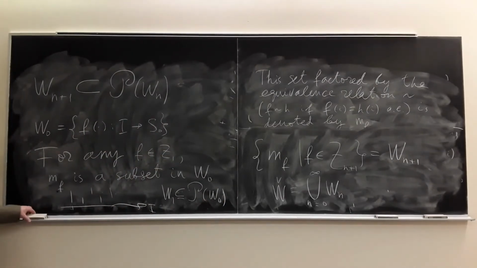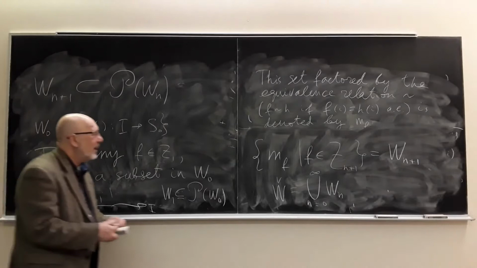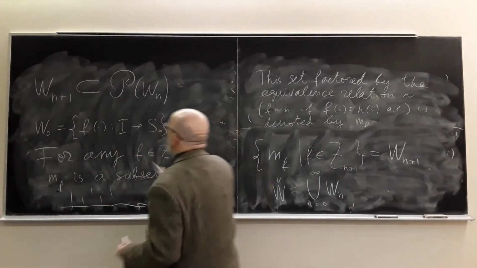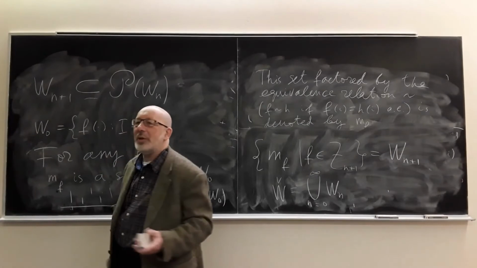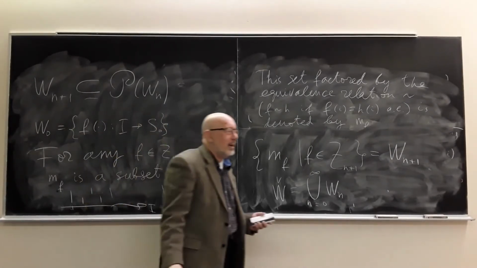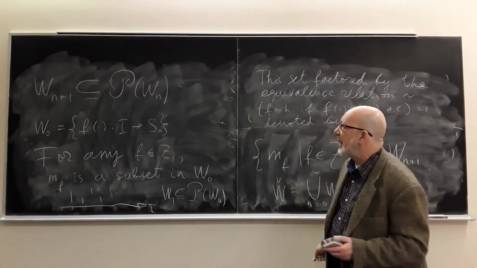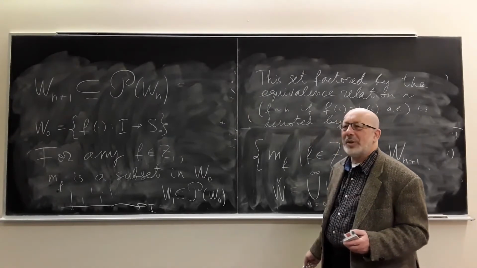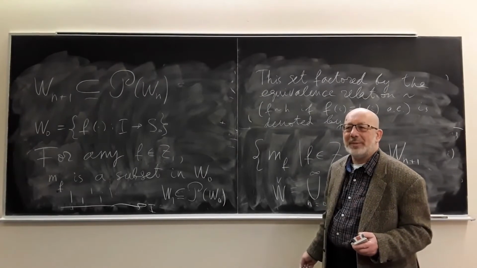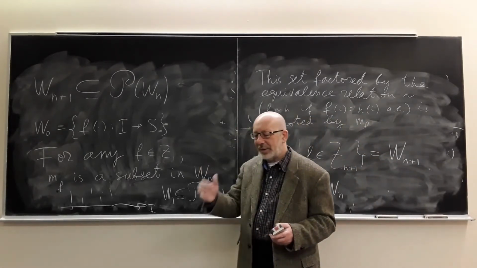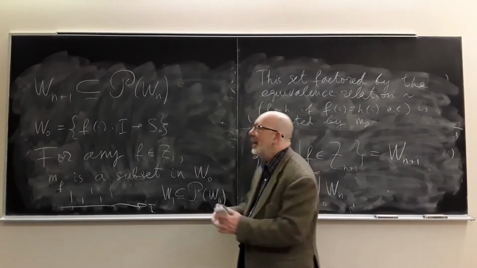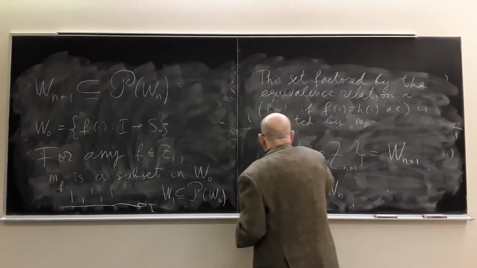Similarly, W n plus 1 is a subset of P of Wn. But it is not true that it equals P of Wn. It is smaller. The way we constructed it is quite restricted.